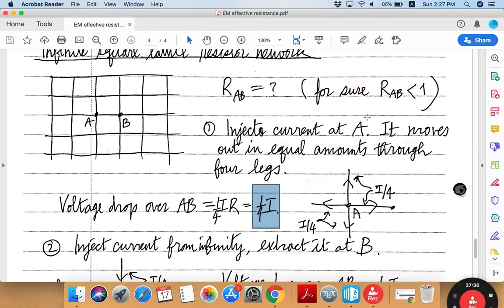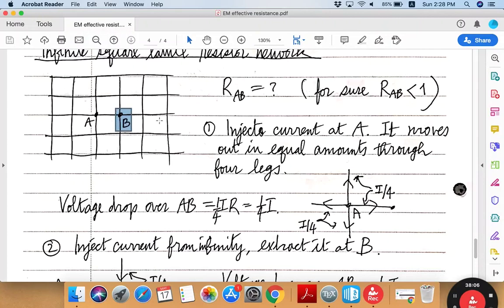So the current is flowing in from everywhere in a very isotropic fashion. And then there's an extraction point at point B. And therefore, the current that you have injected from infinity all gets sucked out at this point, B.